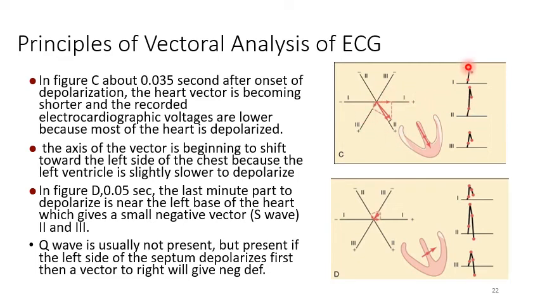So we draw a positive wave, but because it's getting shorter in amplitude, we are going down, still positive, but the voltage is getting lower.